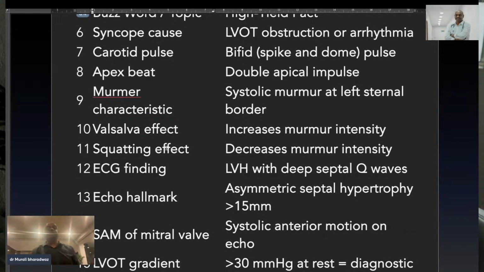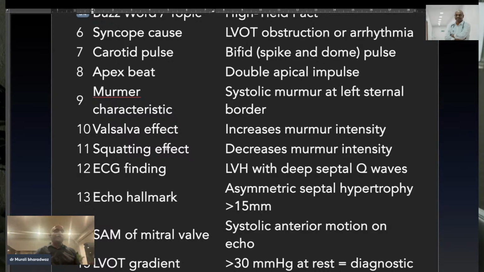Valsalva effect. If you do Valsalva, you are doing the opposite of inspiration. Inspiration increases the venous return. Valsalva decreases the venous return. That will decrease the size of the ventricle, and that will increase the obstruction and increase the murmur. If you are doing squatting, that will increase the venous return, unlike standing. Opposite to standing is squatting. And that will cause increased filling and chamber size will increase.